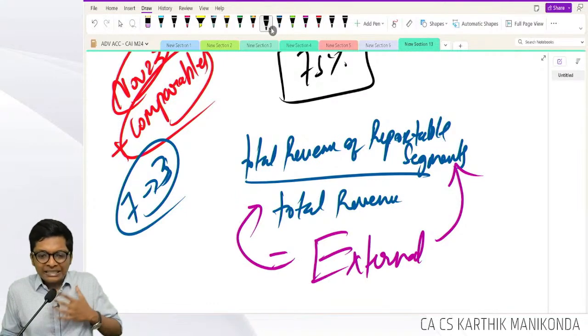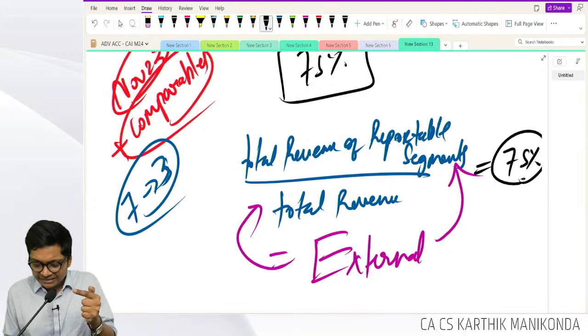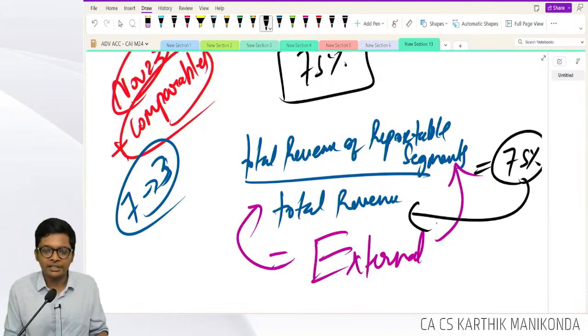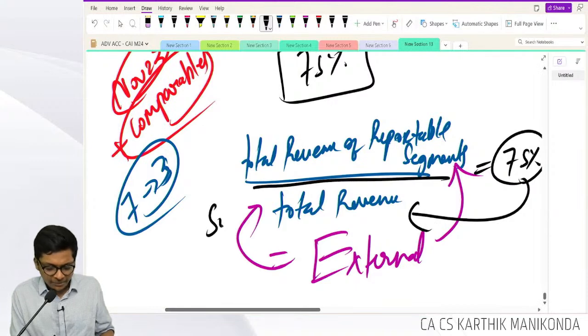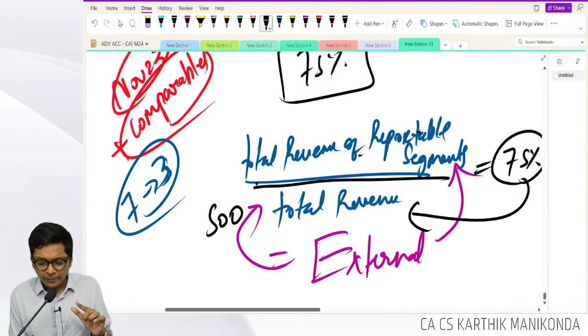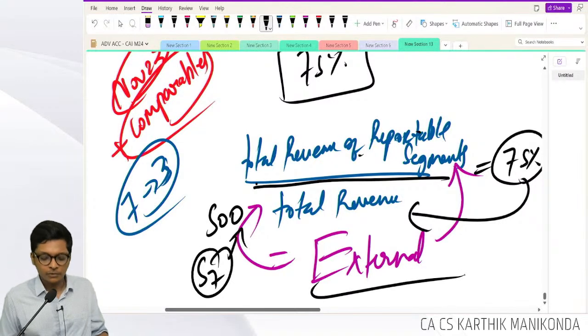The total external revenue of reportable segments should be at least 75% of the total company. Are you following, guys? If the total revenue of the entire company is 500, let's say the company has 7 segments, all 7 put together, revenue is 500 external.